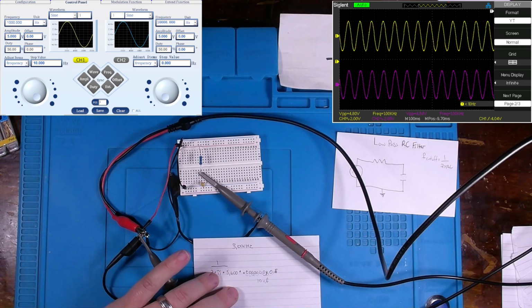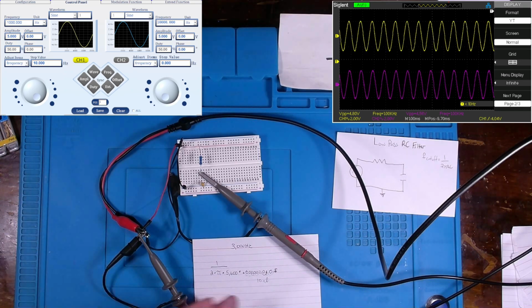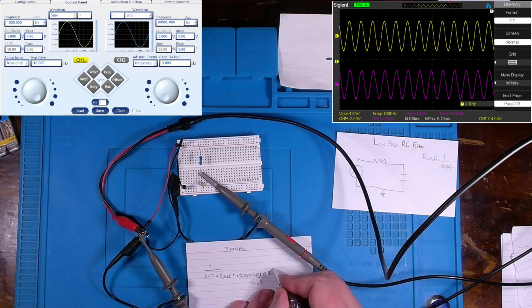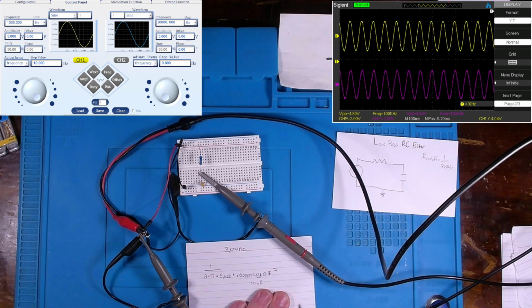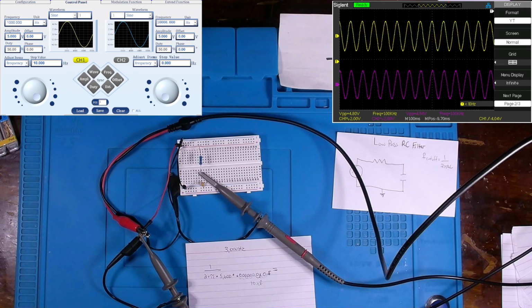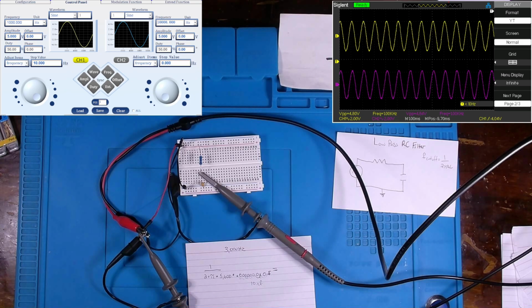All right, and when you plug in these numbers, the cutoff frequency that this will come to, and I'll show you this. We'll just do a bit of math on my calculator here.